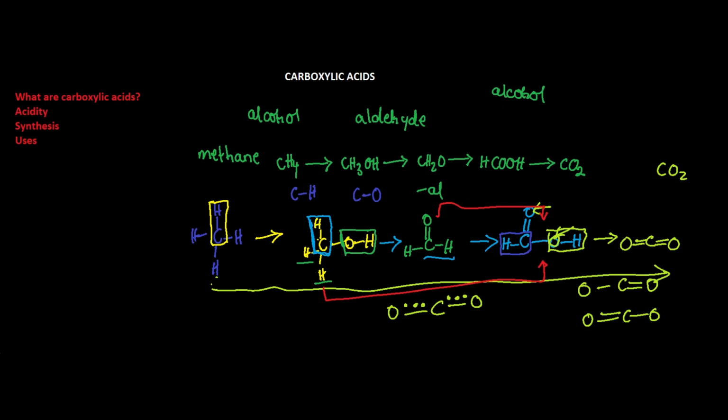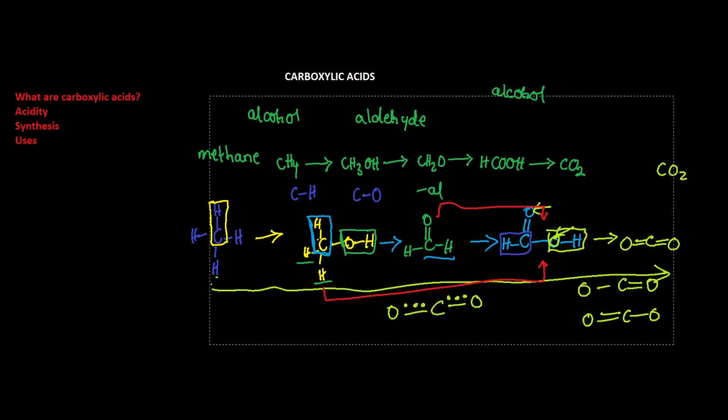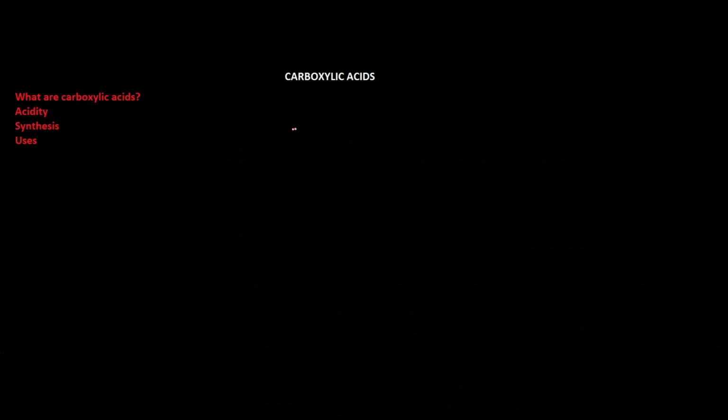Now let's take a look at the uses of carboxylic acids. For the uses of carboxylic acids, we would be considering methanoic acid and ethanoic acid. Now ethanoic acid has the formula CH3COOH, and it can be represented like this with the hydrogen atoms attached, and then of course we have the carbonyl group, oxygen and hydrogen.